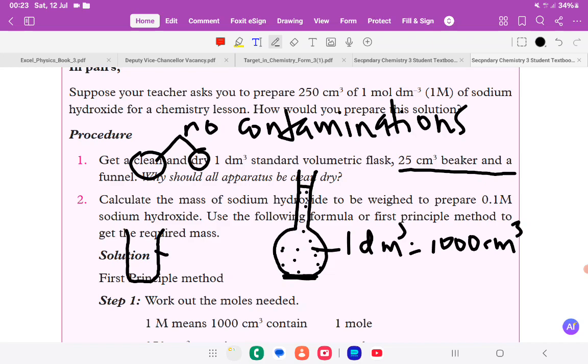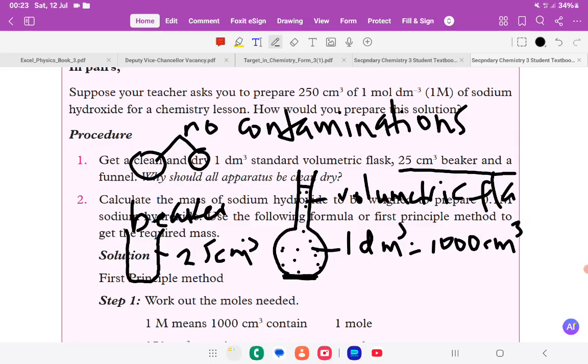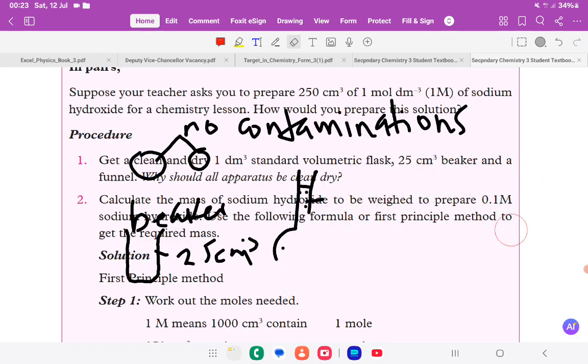So this is a 25 cubic centimeters beaker, and this is a volumetric flask. Volumetric comes from the word volume because it holds known volumes of solutions. I hope we are sailing in the same boat.